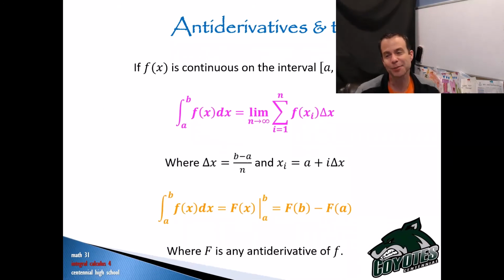So here's what the fundamental theorem of calculus says. If f of x is continuous on the interval from a to b, then the integral of f of x from a to b will be the limit as n approaches infinity of the sum of f of x subscript i times the increment of x, when i is 1 to n, where the increment of x is b minus a over n, and x subscript i is a plus i times the increment of x.